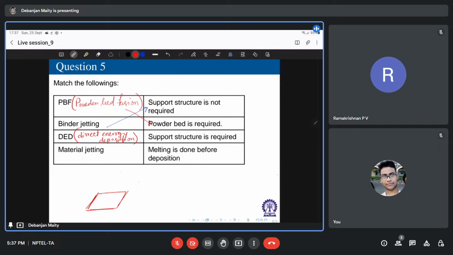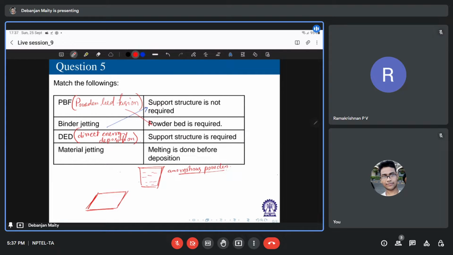And then you can have some kind of hopper here, which is the source of your powder. It can be amorphous powder, or it can be a single metal powder.